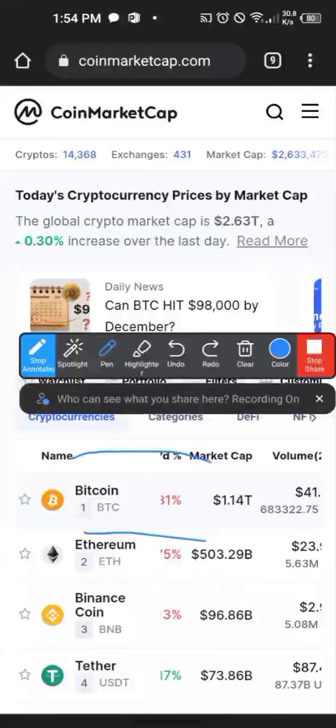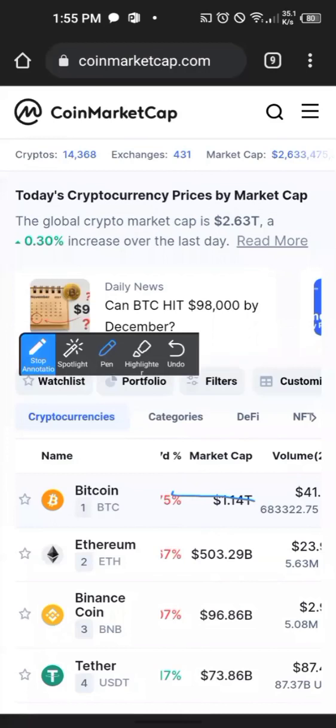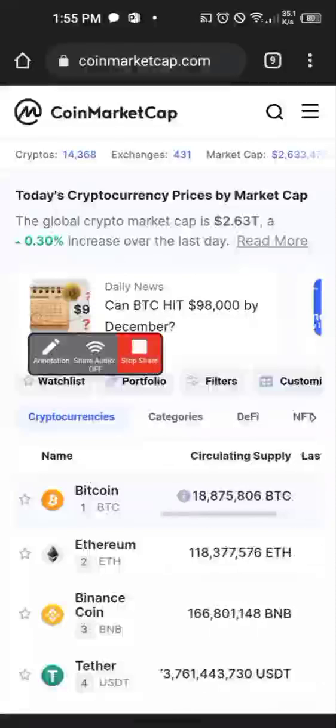Usually the very simple way to understand what market capitalization means is: what is the value of Bitcoin generally as an asset? Bitcoin as an asset is worth $1.1 trillion. That's the value of Bitcoin now in the world. And the best way to do this calculation by yourself is to come over here. This is the circulating supply.